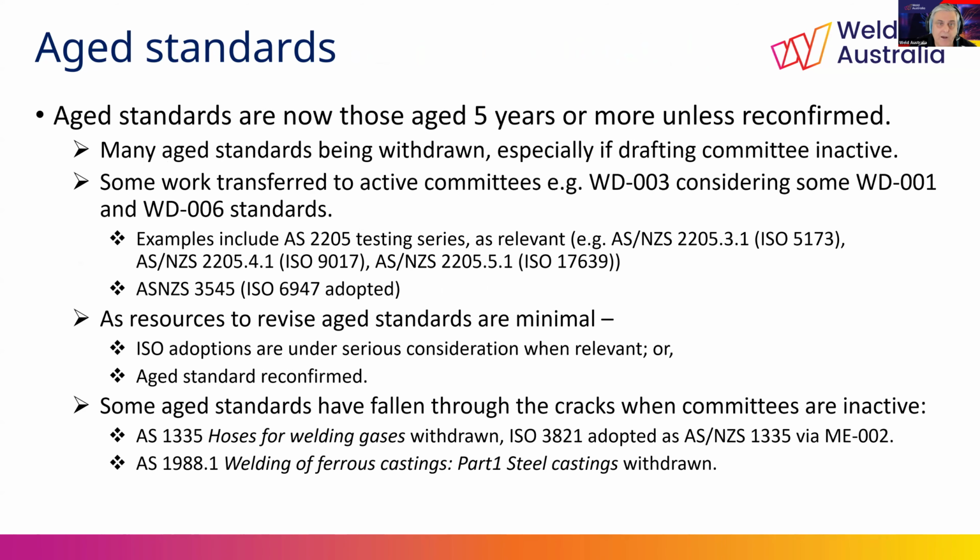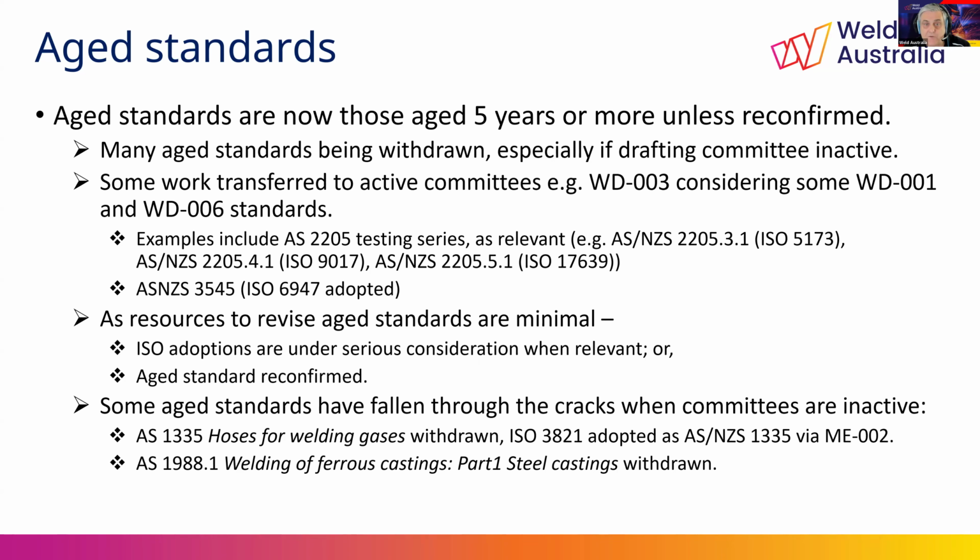Now, in talking about aged standards, until recently, aged standards were defined by Standards Australia as standards published at least 10 years ago. Aged standards can be problematic if the original drafting committee is inactive. And in some cases where the work is transferred to another committee, the standard can be reconfirmed or revised, but if it's missed, it can be withdrawn.